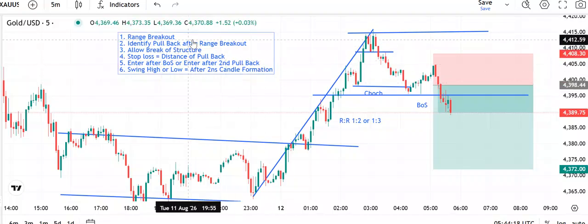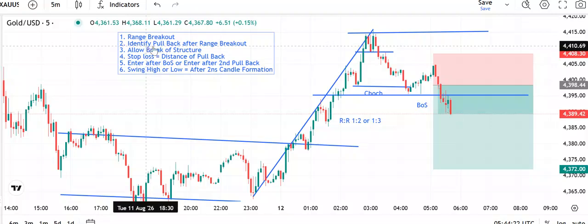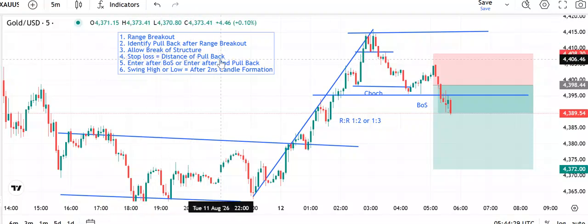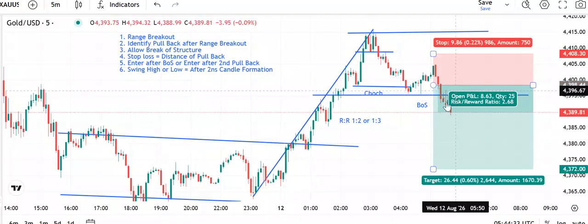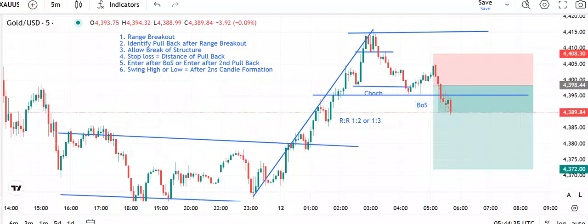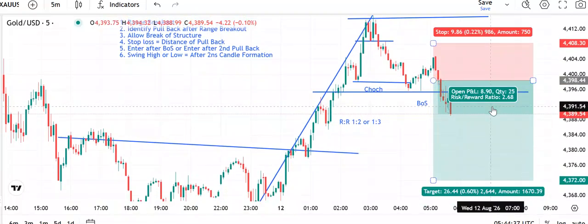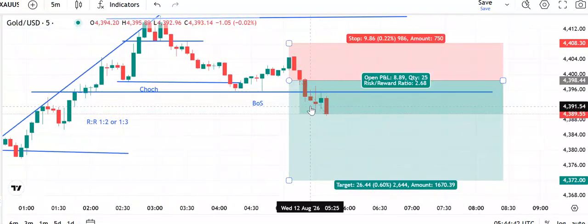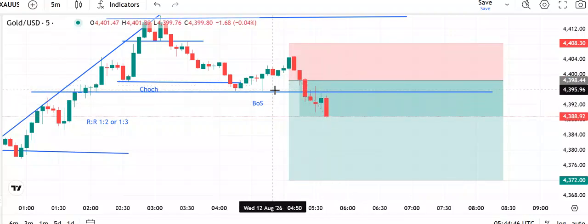So this is the run of it. Range breakout, identify pullback after range breakout, allow break of structure, stop loss distance of pullback, enter after break of structure or after second pullback. We are yet to have our second pullback. We might start second pullback if we have 2 successive bullish candles.